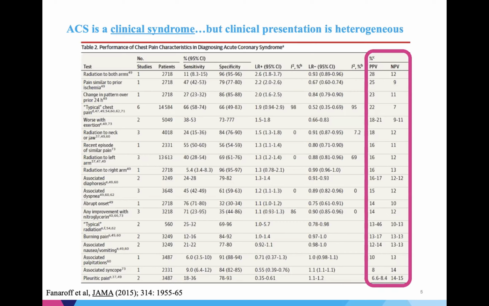So on the left-hand column, what you'll see is a number of historical findings or physical findings. And in the right-hand columns, what you see here are the positive and negative predictive values associated with each of those findings in isolation. And rather than belaboring any one symptom or sign in isolation, I think what's most striking is that none of these has much more than a 20 to 30% predictive value either way.